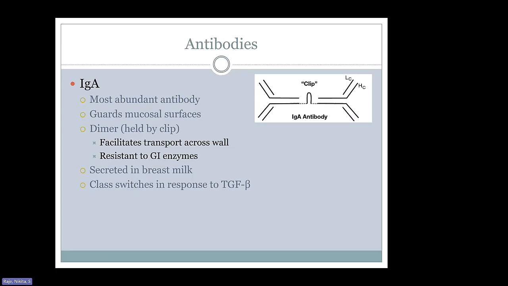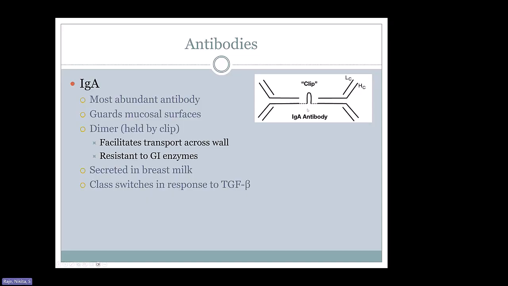IgA, it's the most abundant antibody in the body. IgG is the most abundant antibody in the blood circulation. IgA guards the mucosal surfaces, and it usually is in the form of a dimer, which means 2 molecules of IgA are attached by that joining chain or clip.